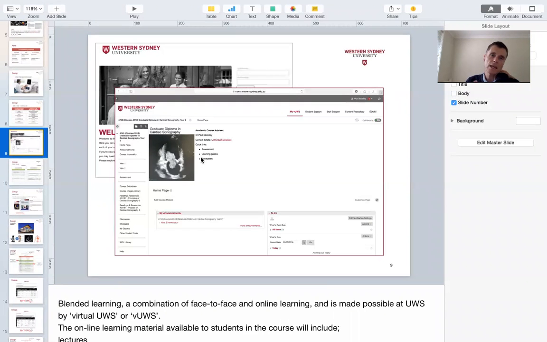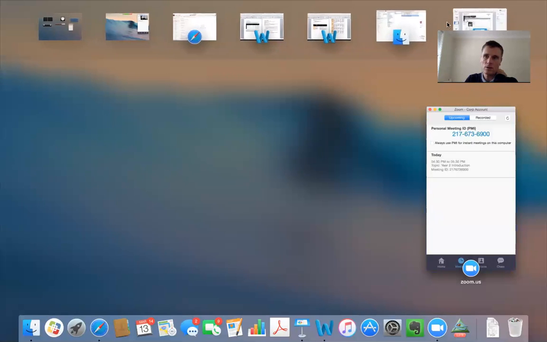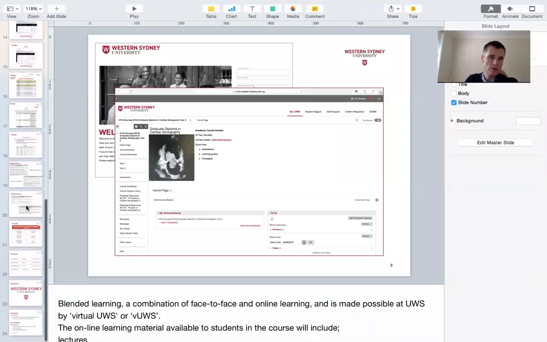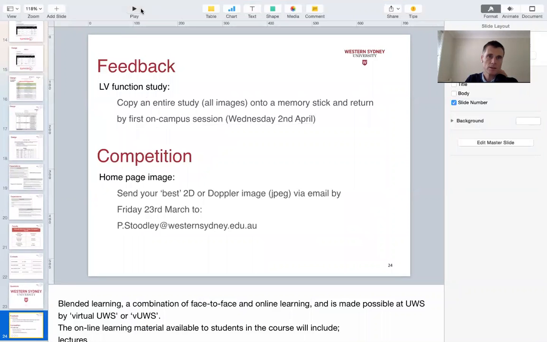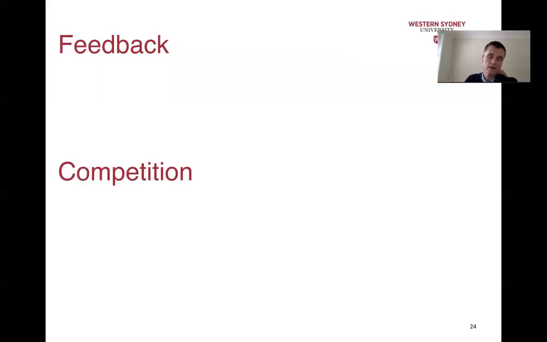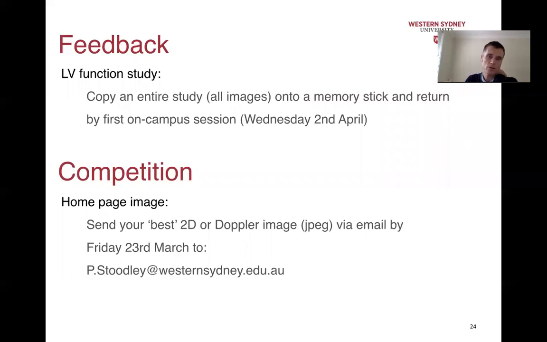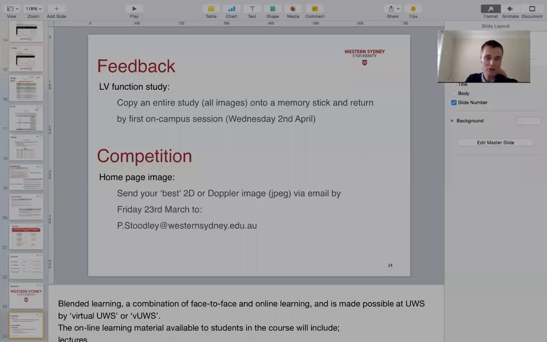If you've got a really interesting image, submit it as part of the competition in JPEG format, according to what I've said on the slide down here. And if you win the competition, your image will be on the home page for the rest of the year for everyone to admire, and for you to remember. So every time you click onto the home page.